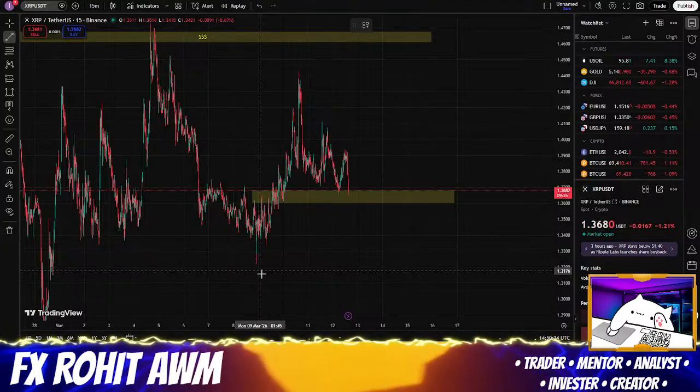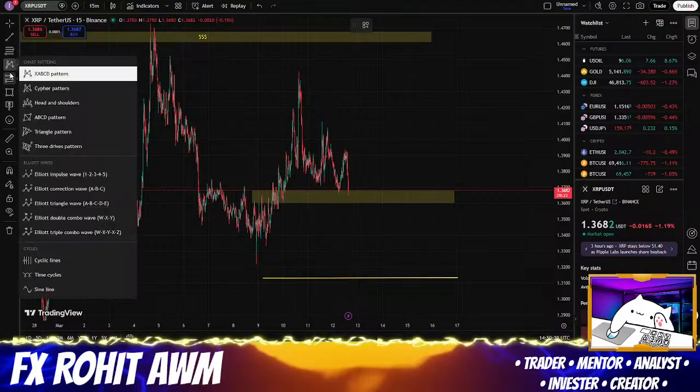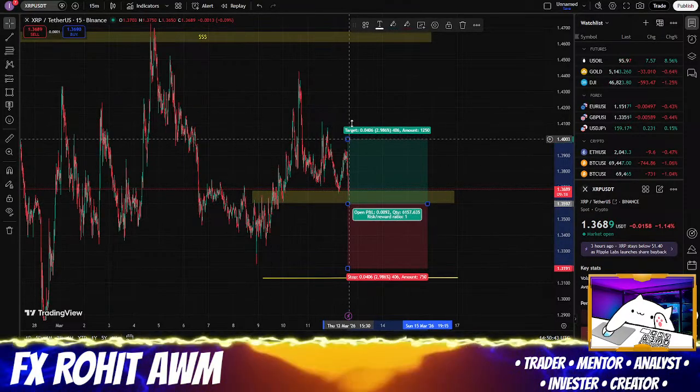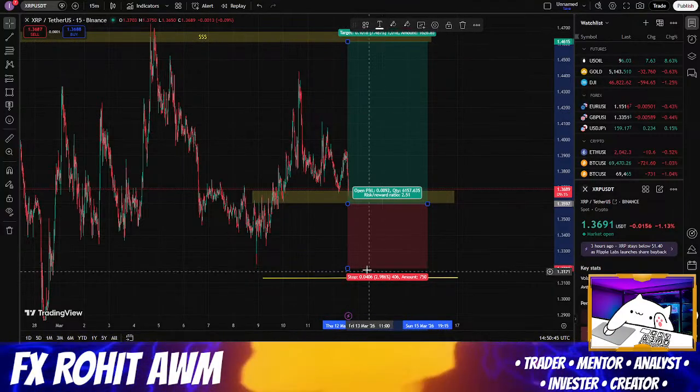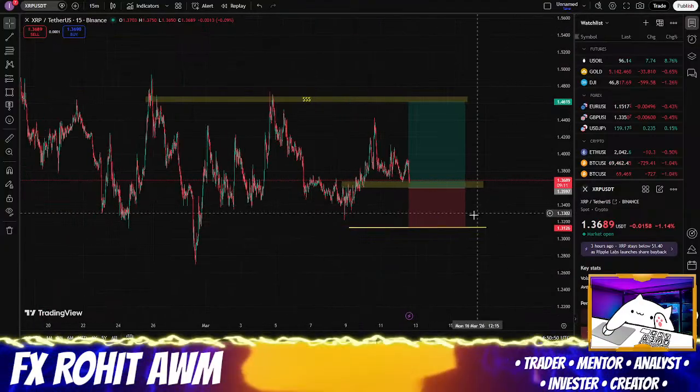Our SL might be at this low. So this is a 1 to 2 trade.